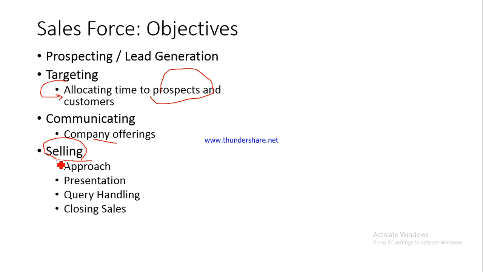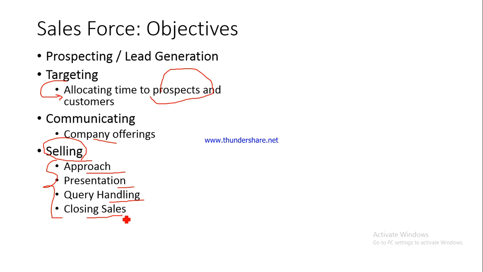And we have discussed these steps in the last unit, wherein you approach the prospect or the customer, you make a presentation wherein you talk about your products, then you handle the queries and the objections that these customers or the prospects may have, and then you are finally closing the sales, in the sense that you are asking for the order, you are showing some signals to the prospect or the customer to make them place the order with you.